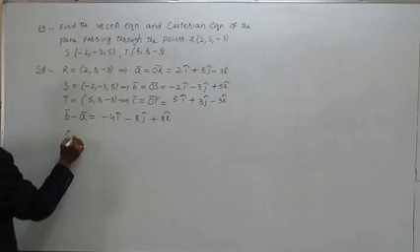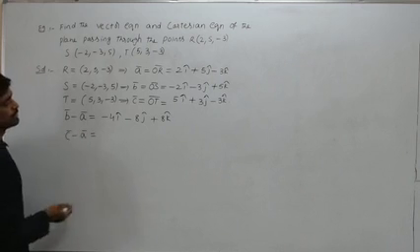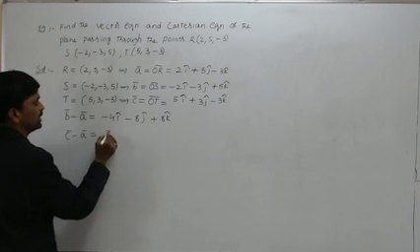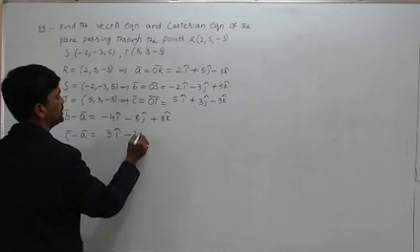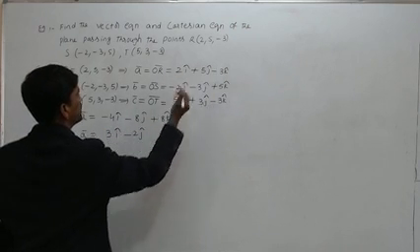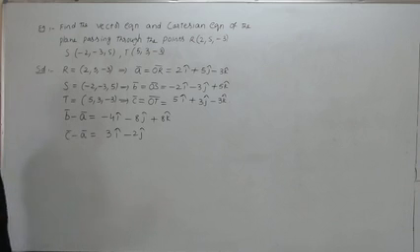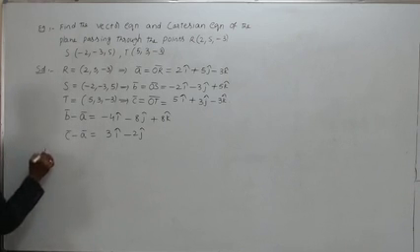And find the vector C bar minus A bar also: 5 minus 2 is 3i cap, 3j minus 5j is minus 2j cap, minus 3k minus of minus 3k gets cancelled, so 0k cap.